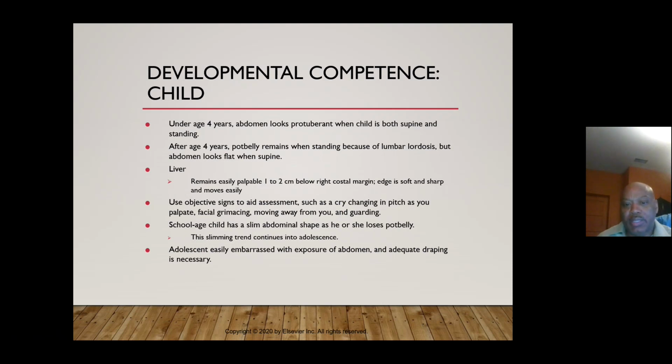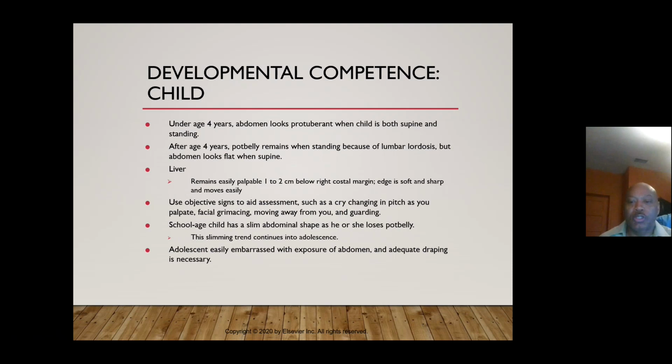Use of objective signs to aid assessment. Basically, we have to look at other signs because sometimes the children can't articulate what is actually going on with them, and so we have to depend on objective signs.